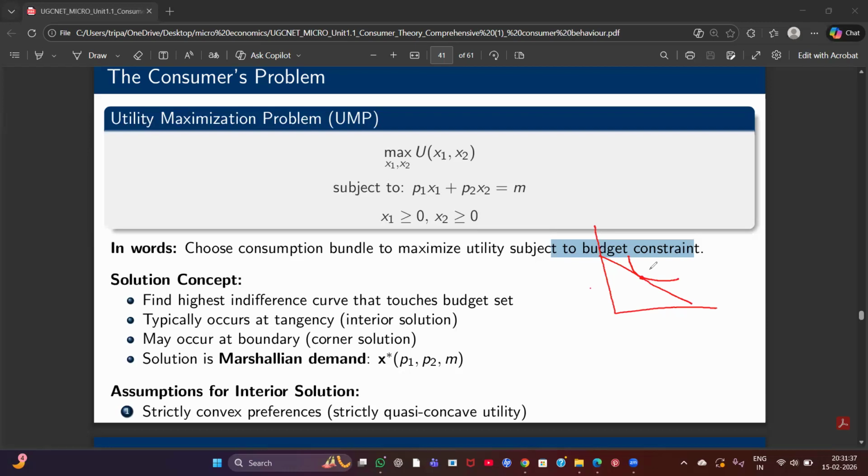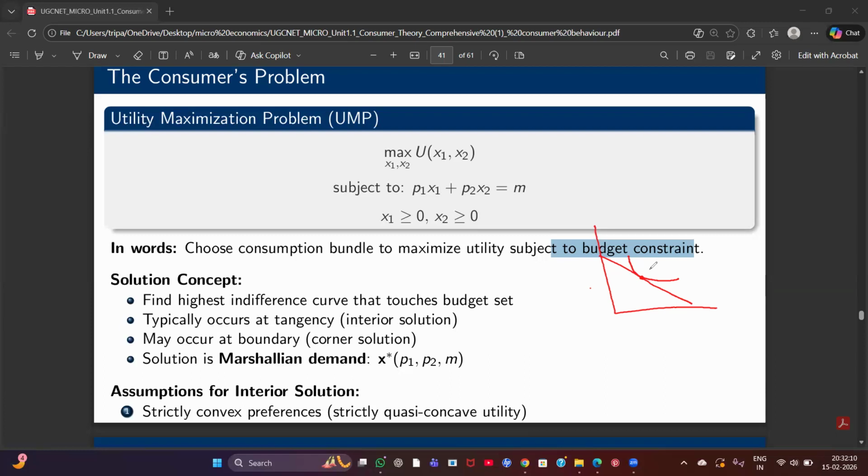Let's remember, if the preferences are strictly convex, or someone may ask you, if the utility function is strictly quasi-concave, then will the solution be unique or multiple? The answer is a unique solution. If the question changes to, if the consumer preference is simply convex, or the utility function is quasi-concave, is there any possibility of getting multiple solutions?